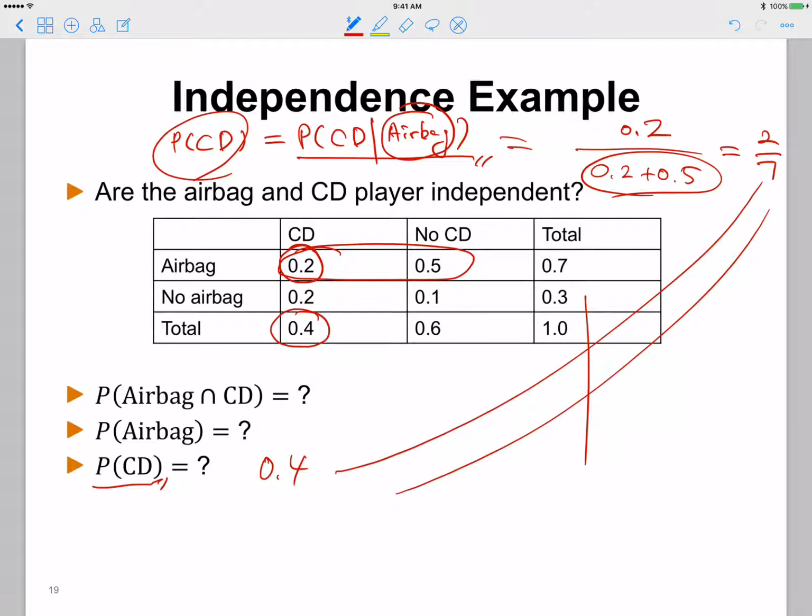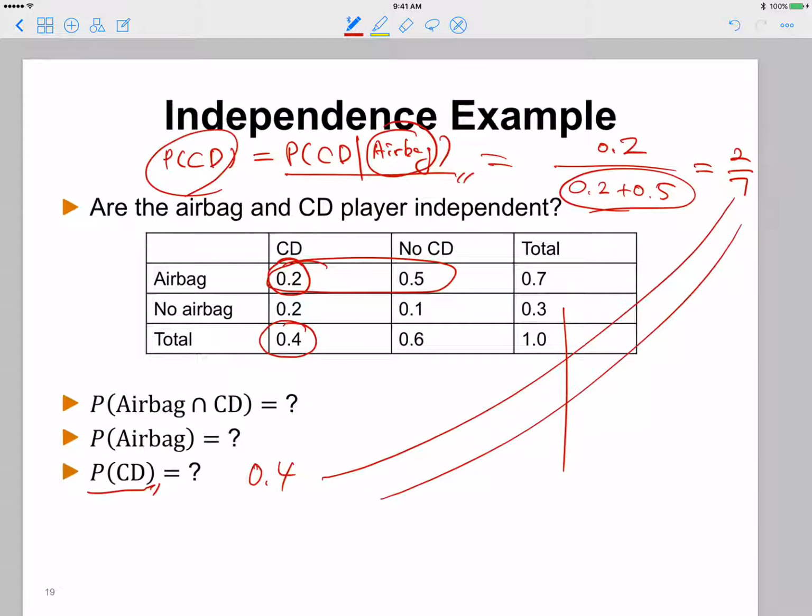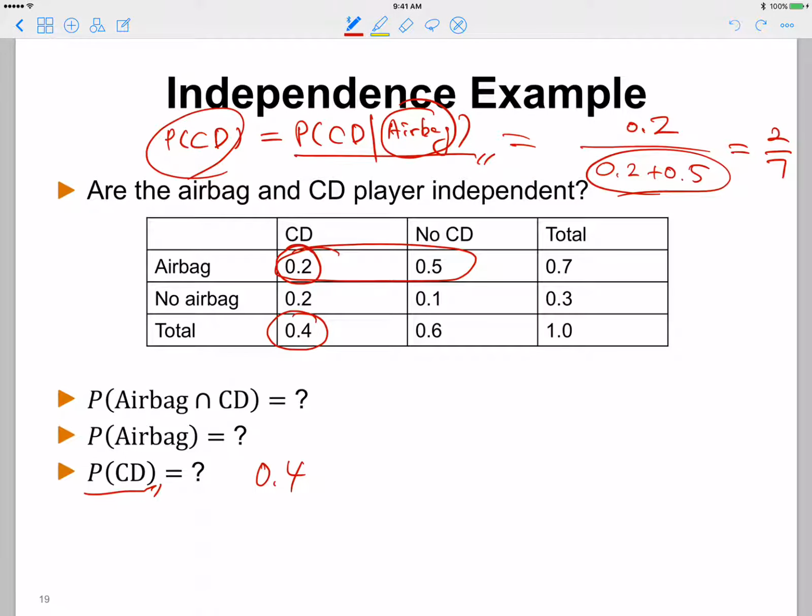Okay, and then let's just match each of these cells to our Venn diagram or this set representation. So this is considering all the possible cases, which is our sample space, right?